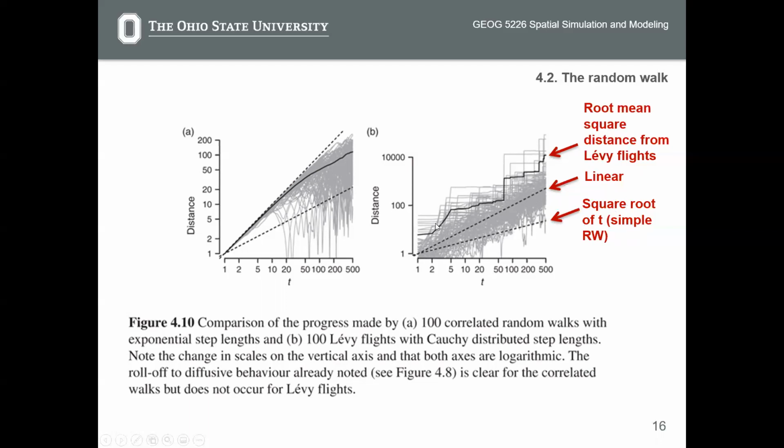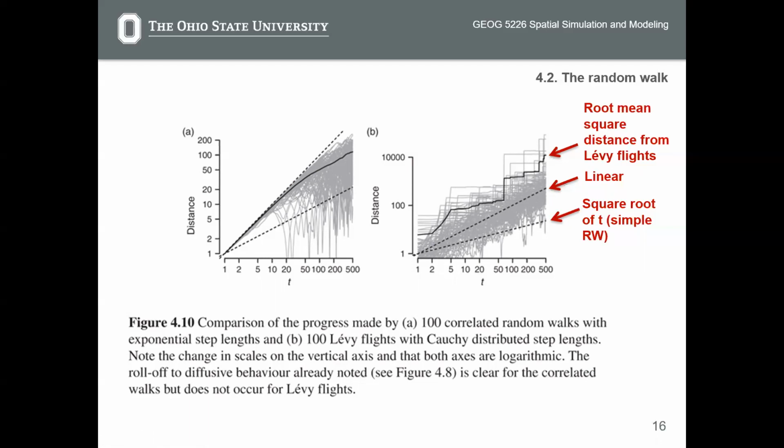And this solid black line is the expected change of distance by time if you are simulating a Levy flights random walk. So you can say it's well above the linear movement. It means that Levy flights have higher efficiency.